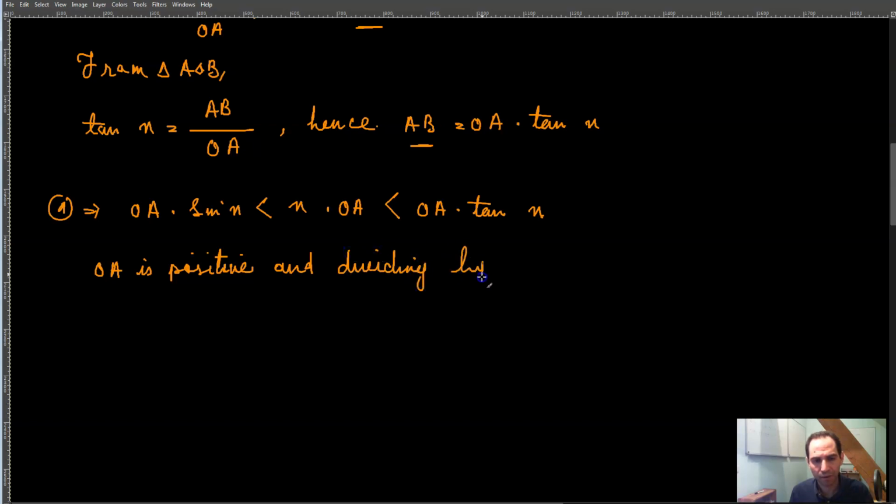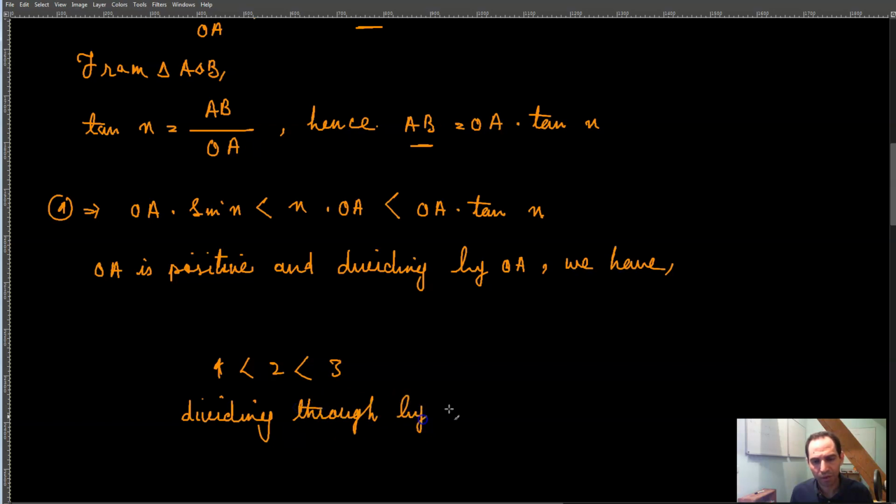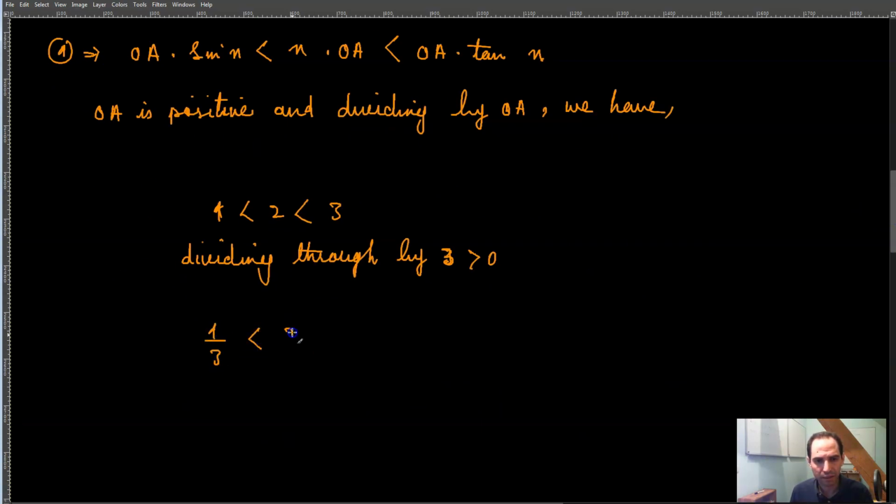If you say 1 is less than 2, which is less than 3, and you divide through by 3, which is a positive number, we have 1/3 is less than 2/3 is less than 3/3. 3/3 is equal to 1, 2/3 is less than 1, and 1/3 is of course less than 1. So this is true.